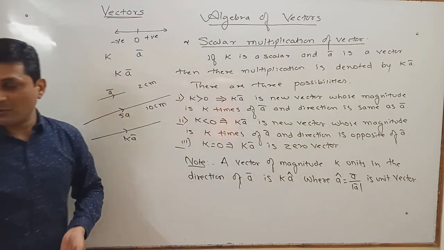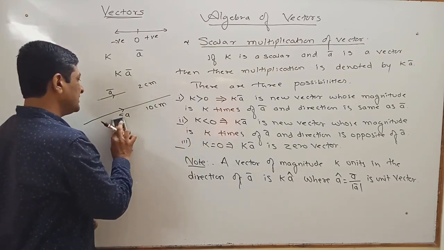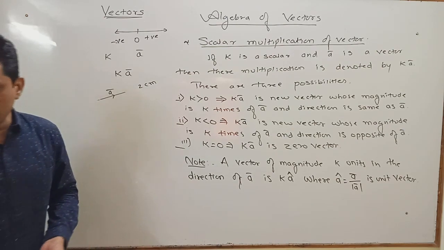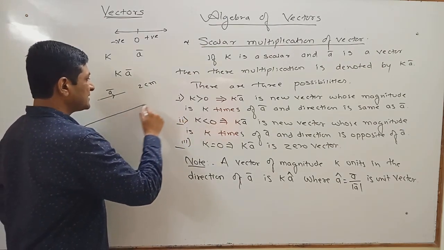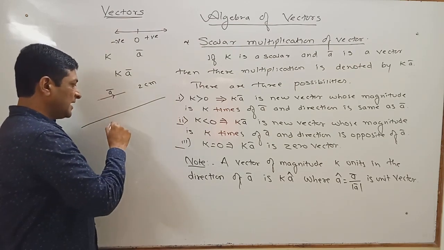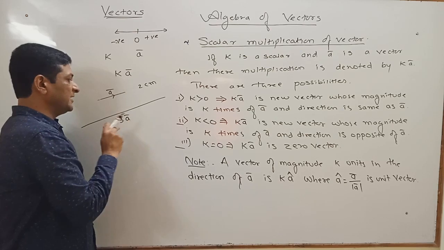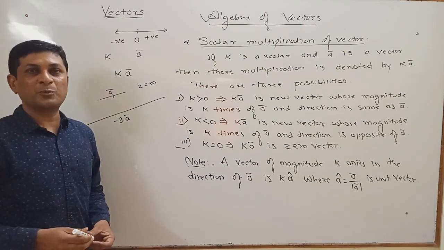Now let us discuss the second case, if k is less than 0. If k is less than 0, meaning k is negative, let us see what result we will get. Let a bar be one vector and we are multiplying it by a negative number, say -3. Already we have seen the definition of opposite vector.